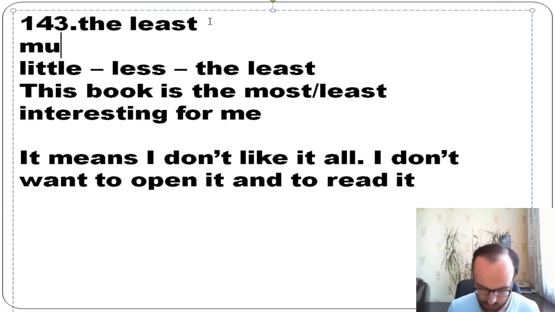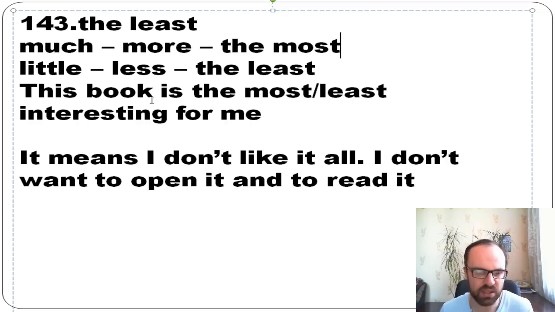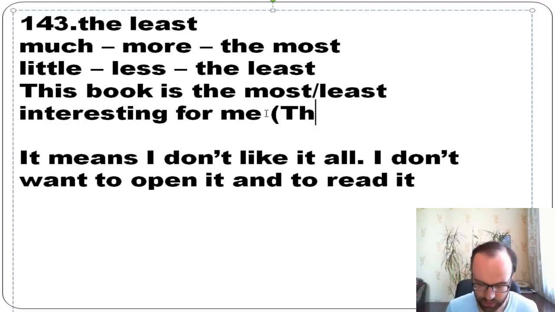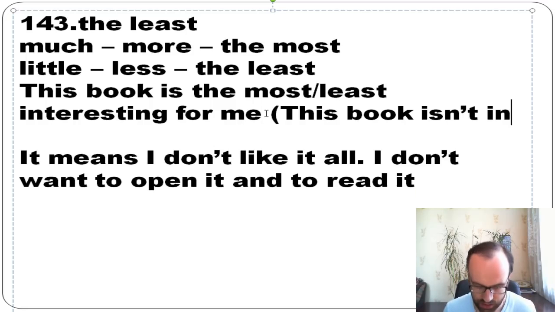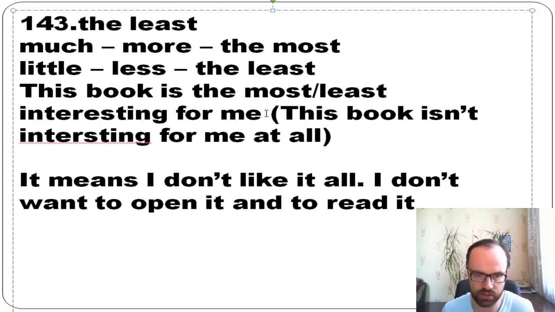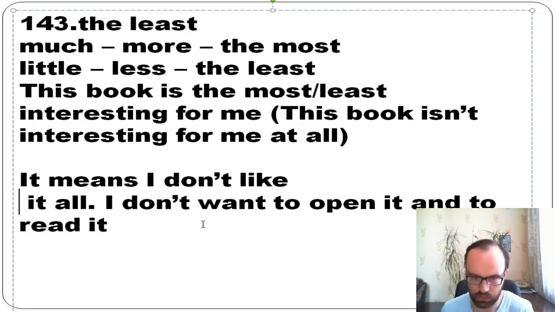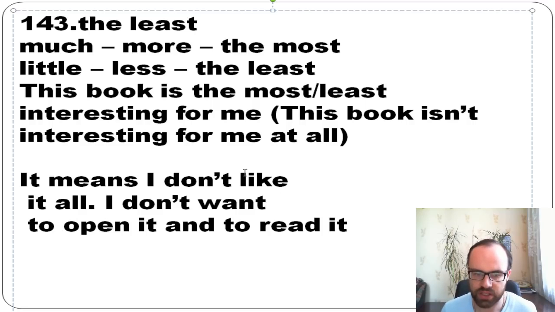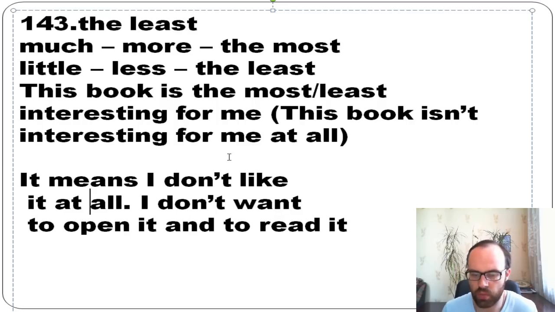So much more, the most, and the least, it means that this book isn't interesting for me at all. Okay. It means I don't like it at all. I don't want to open it and I don't want to read it.